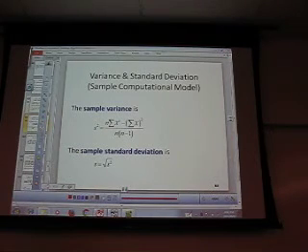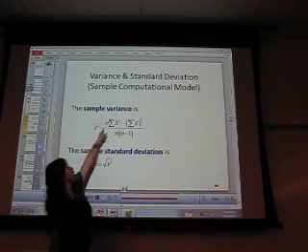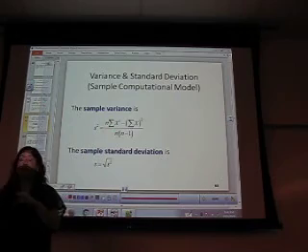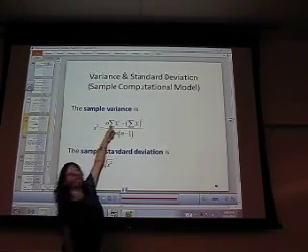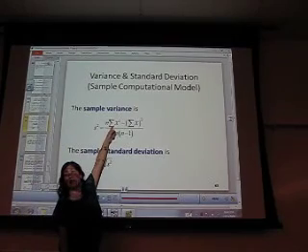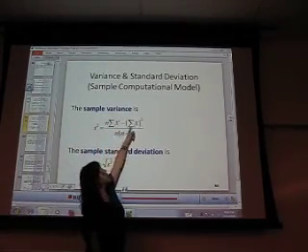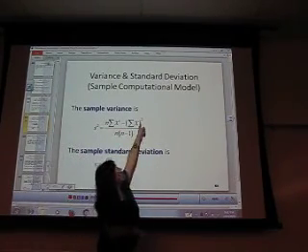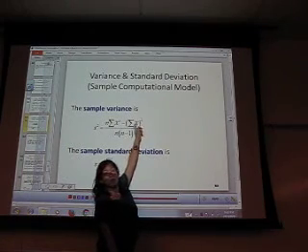There's a couple problems. So here it is, s squared. It's n times the sum of all of your x's squared. So this means square all your x's first, and then sum them. Minus the sum of the x's, so it means add up all the x's first, and then square that one big number.